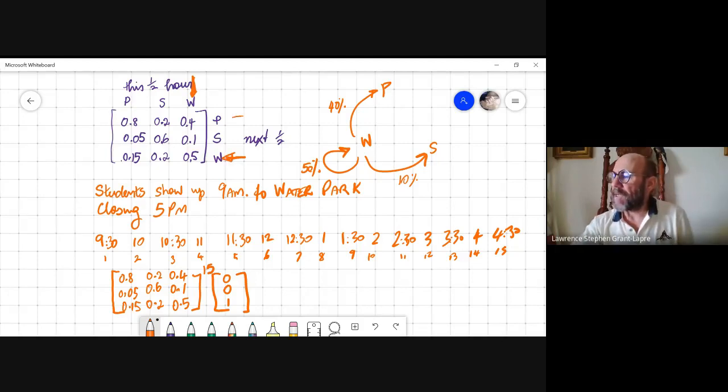So our starting value is 0, our starting value is 0, and our starting value is 1 in the initial state matrix.